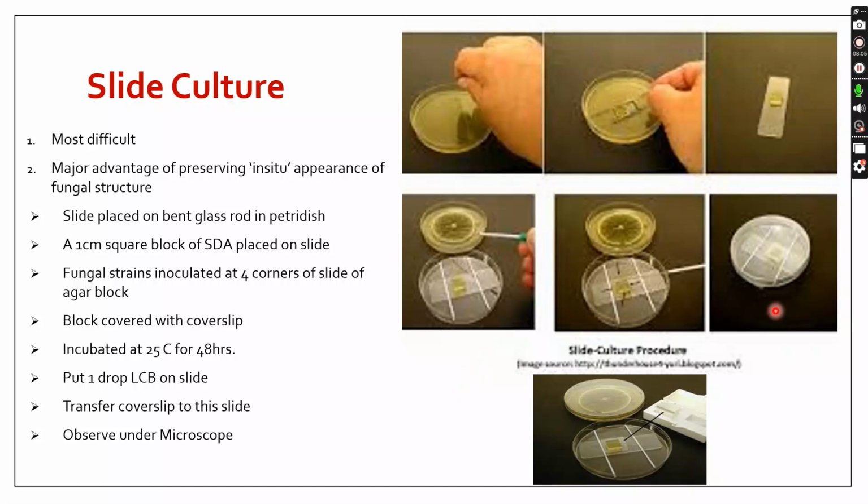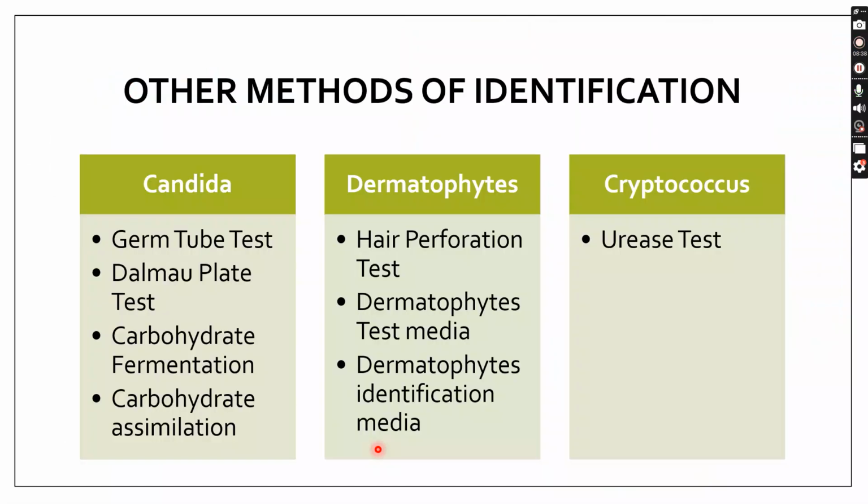After that we put the cover slip, then inoculate the fungal strains on the 4 corners of the agar block, and cover it with the cover slip and incubate at 25 degrees for 48 hours. Then we put 1 drop of LPCB on a slide and transfer the cover slip to the slide. Then we can observe it under the microscope, and we can see the colony.